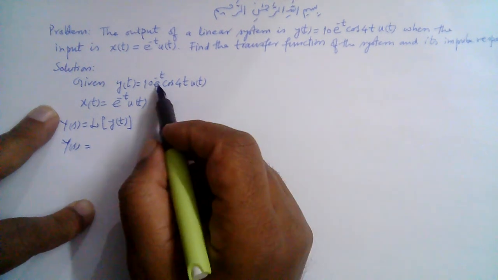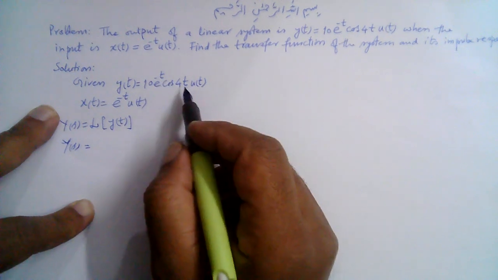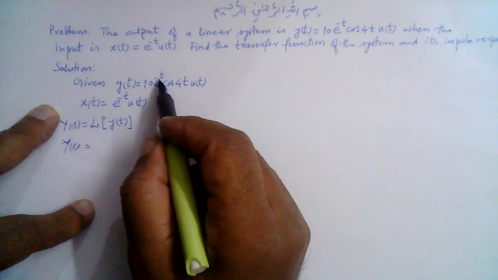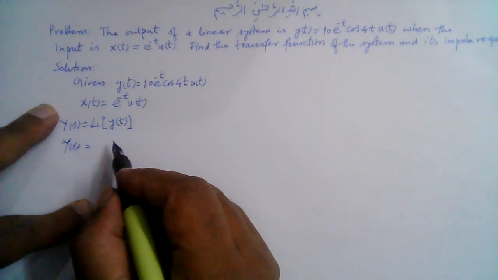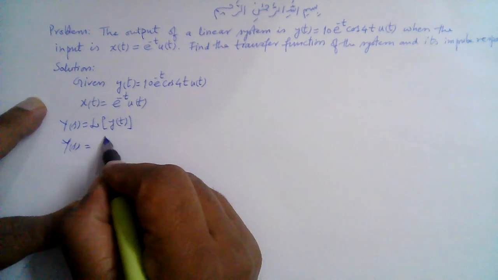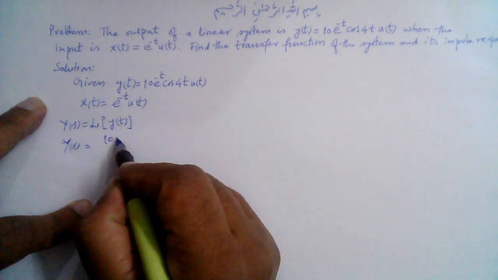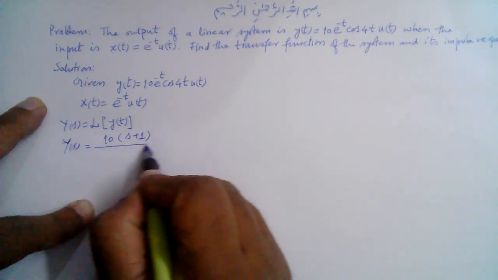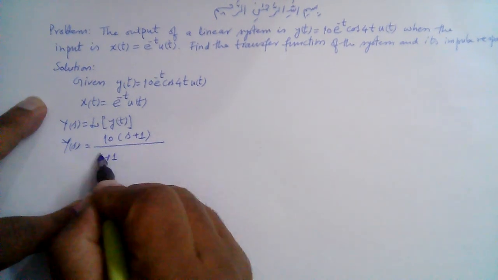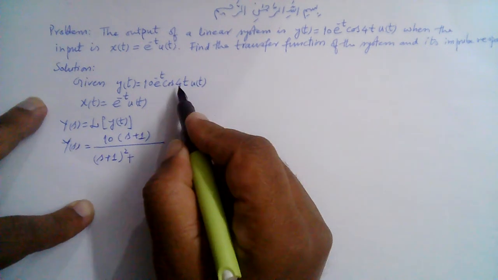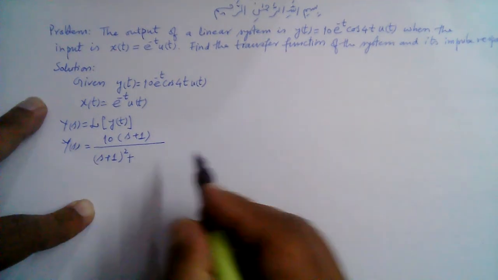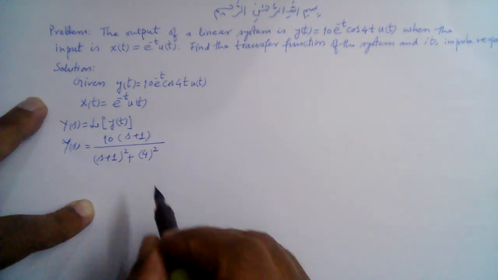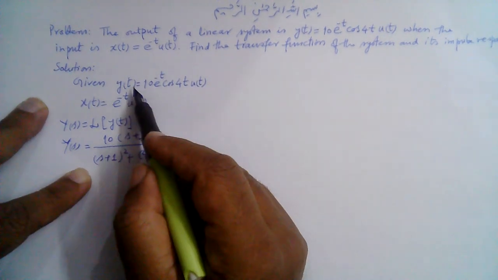And e raised power minus t adds plus 1 to the s, because a here is minus 1, right? So the Laplace transform for this will be 10 into s plus 1 divided by s plus 1 square plus omega square, which is 4 squared. So this is the Laplace transform of the output y of t.